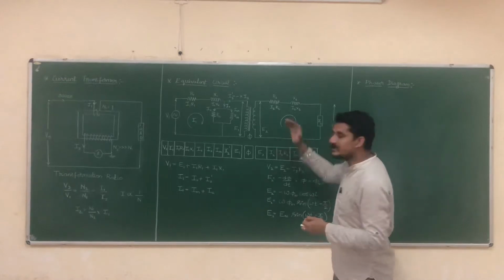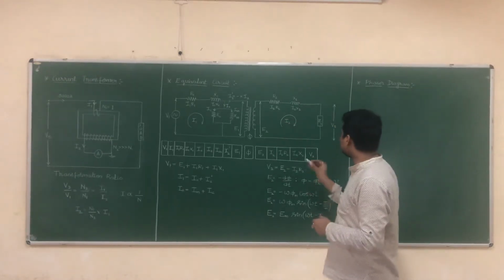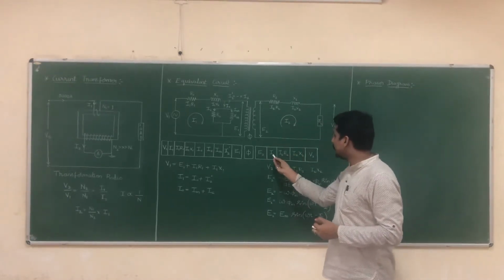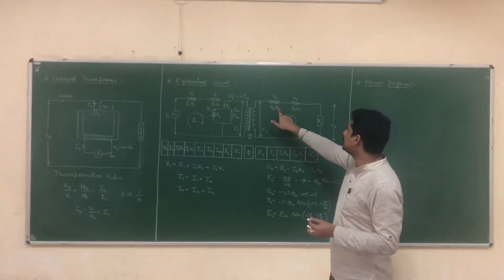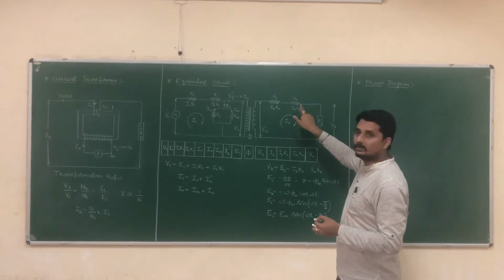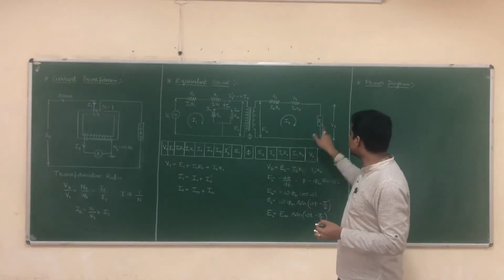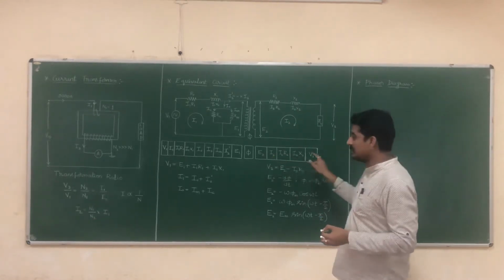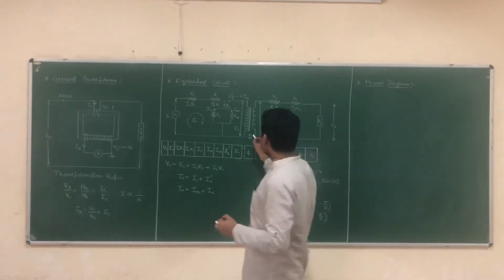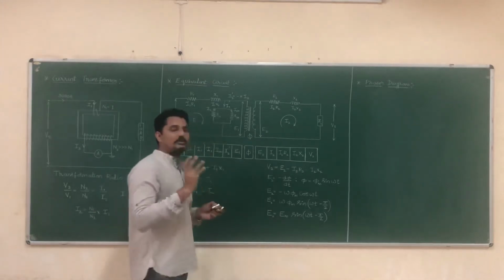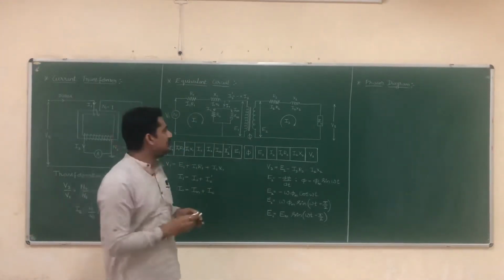On the secondary side, what parameters do we have? We have E2, I2, the drop across the secondary resistance, that is I2 R2, the drop across the reactance, I2 X2, and V2. All these parameters we should represent in the phasor diagram. Next, the flux phi is common to both the primary winding and the secondary winding.